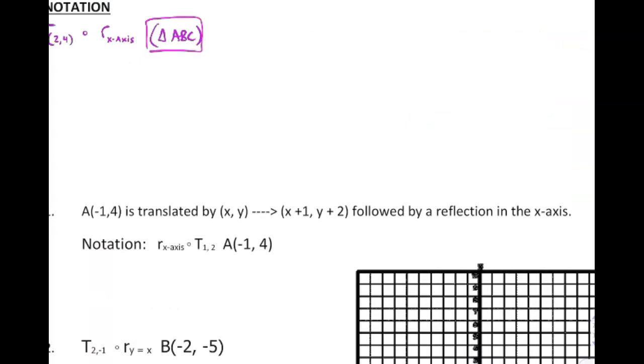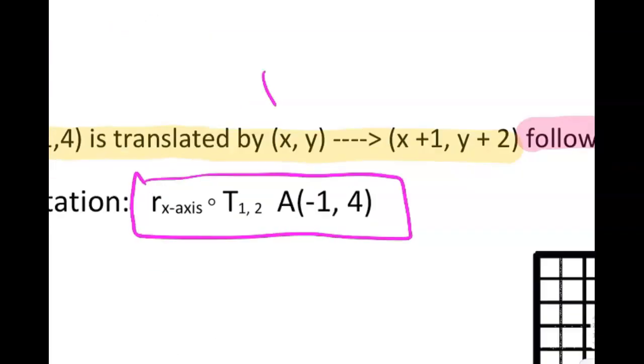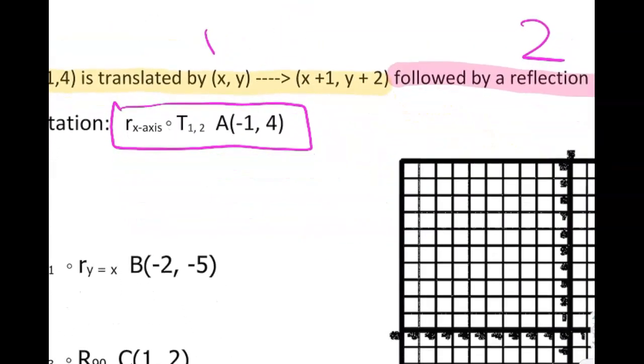Sometimes it'll be written just in English. You're taking a point, you're translating it, followed by a reflection. Well, if it's written like that, obviously if this is following it, that would be the second step and that would be the first step. But if it's written in funky notation, the same words would look like this. The translation would actually be written there, and the reflection would be written there because you're working backwards with that little dot.